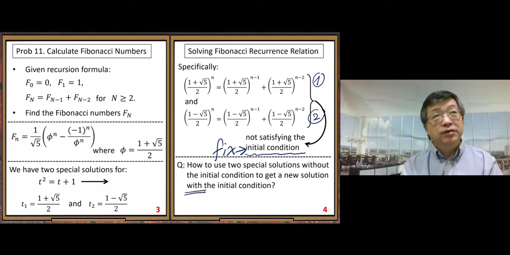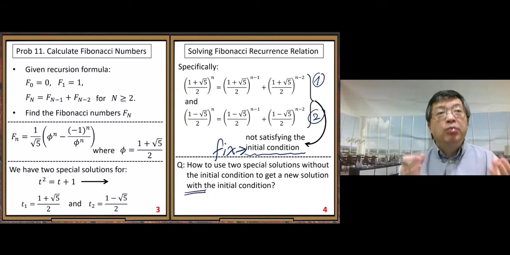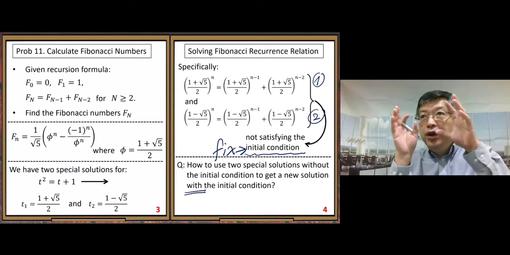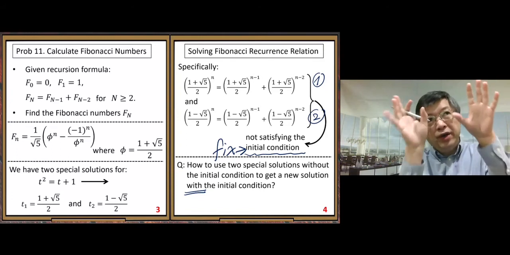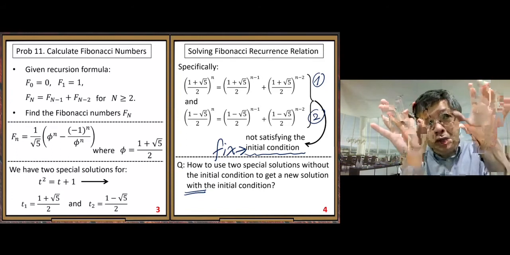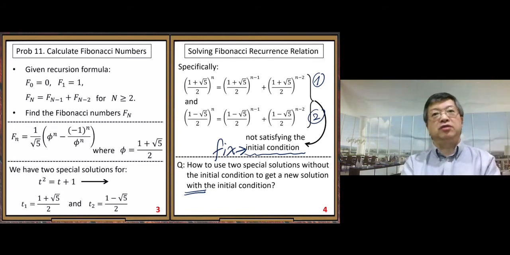We need to produce a new, different solution than these two, but this new one should satisfy that initial condition. That's the last thing we need to do.